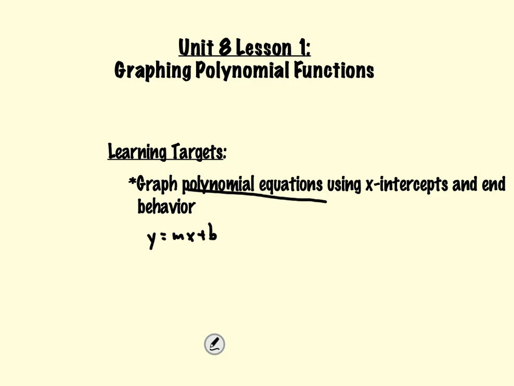Another one might be y equals ax squared plus bx plus c. That's your quadratic. You might have an x to the third in that. You might have an x to the fourth in that.